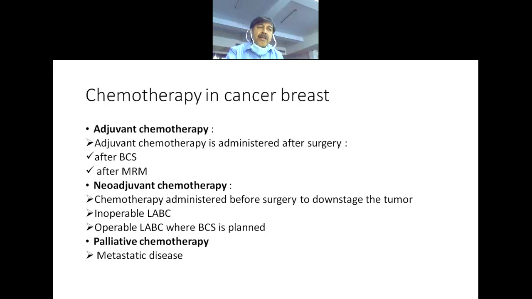For example, in locally advanced breast cancer when the tumor is inoperable, or when the tumor is operable but the patient wants breast conserving surgery, even then we give the neoadjuvant chemotherapy. And then of course, chemotherapy has a role in metastatic cancer also, as a palliative chemotherapy.